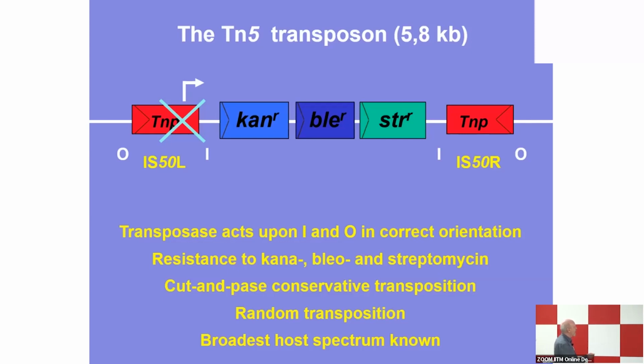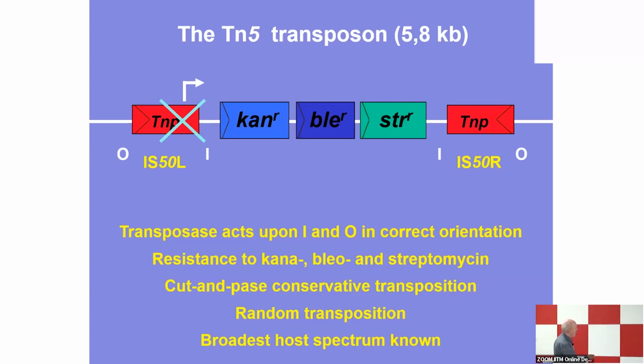However, it still keeps the terminal sequences at the end of the transposon that can be recognized by the good transposase in the other insertion sequence, so that now this whole segment of DNA can move from one place to the other.